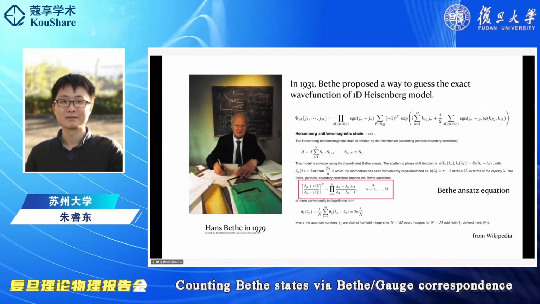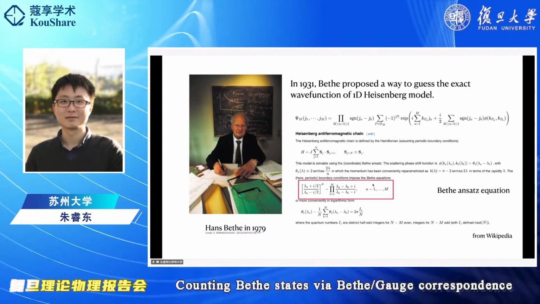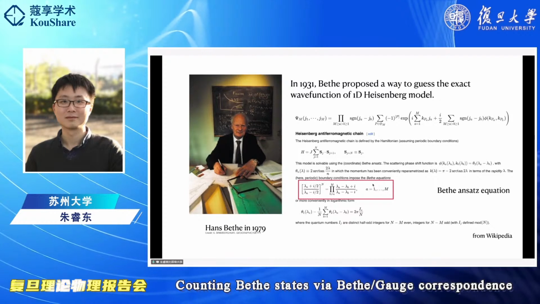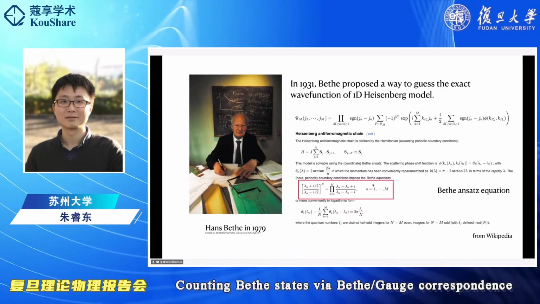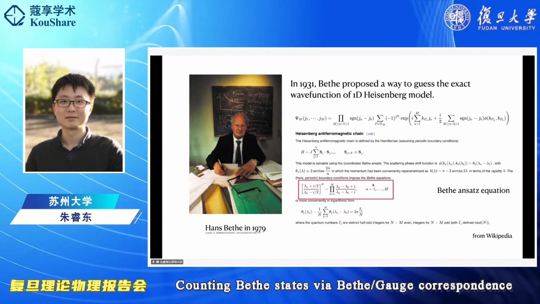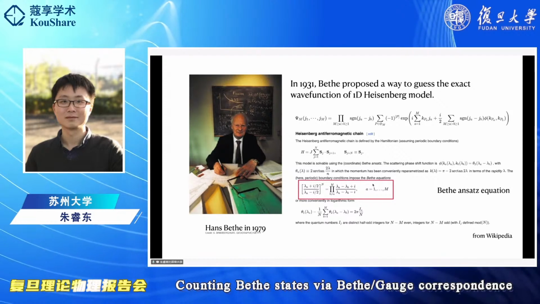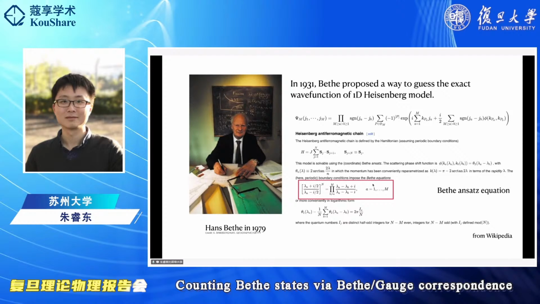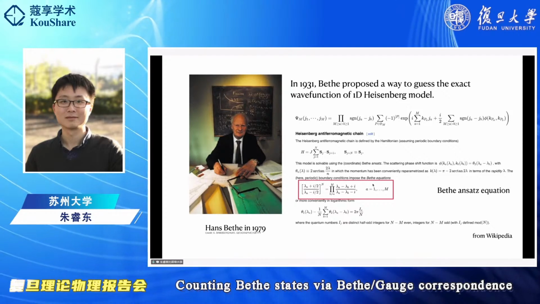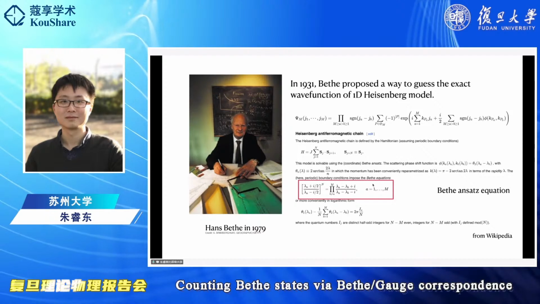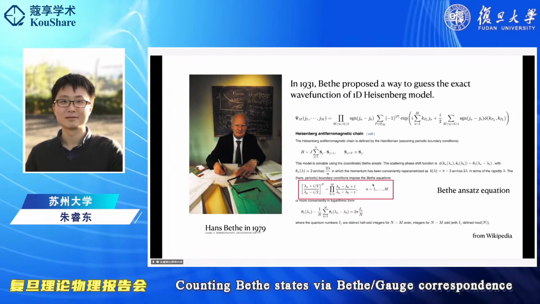Well, this is just a very naive model for magnetism, but in 1931, Bethe proposed a way to actually guess the exact wave function for this one-dimensional Heisenberg model. He found that if you guess that the wave function is this, there are some parameters in this guessed form of the wave function.